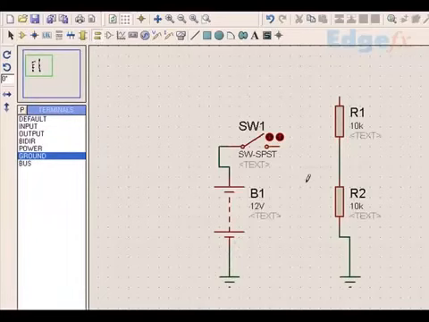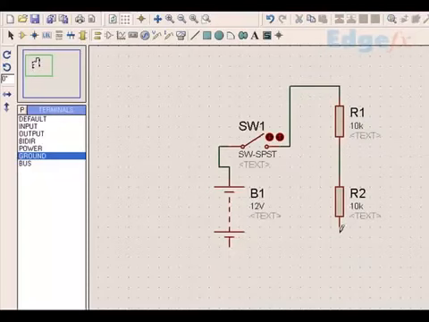I put the ground connection here, and I know this is a 12 volt supply, and I have connected two 10K resistors in series like this. Now let me remove this ground to make it clearer: the path is complete only when I connect it.